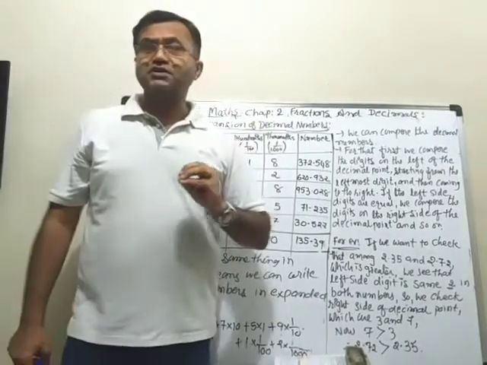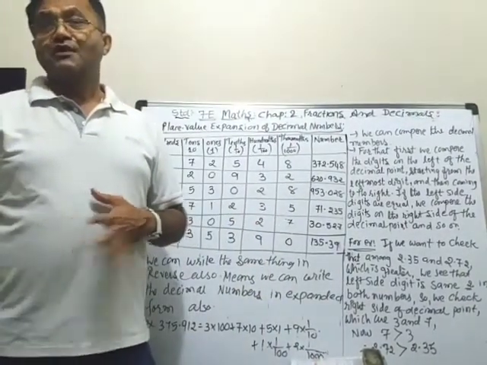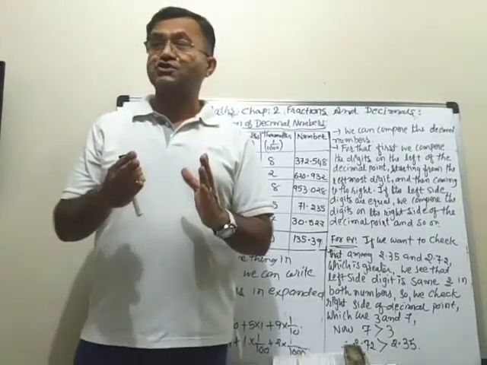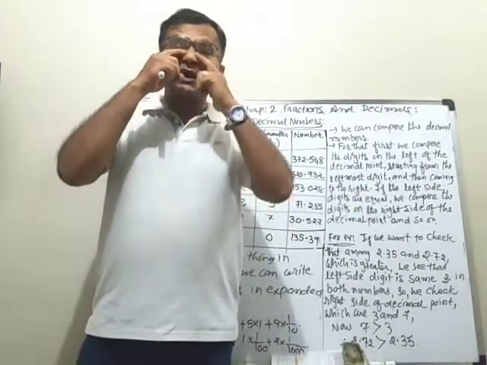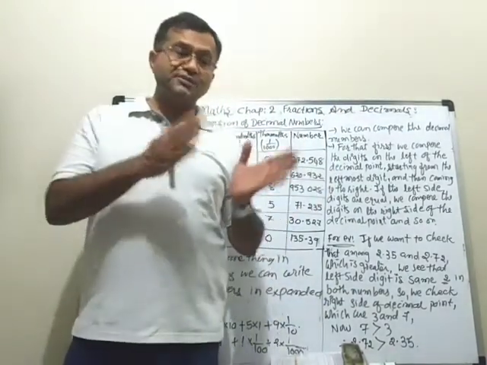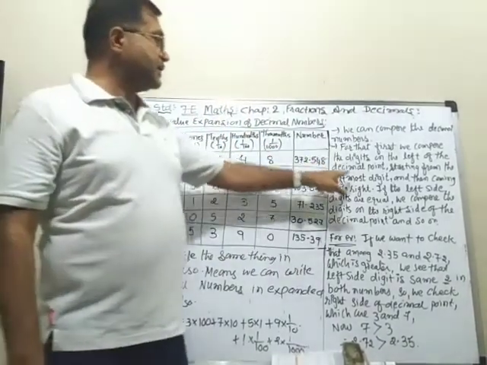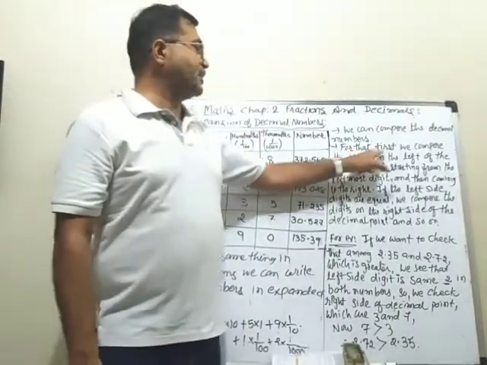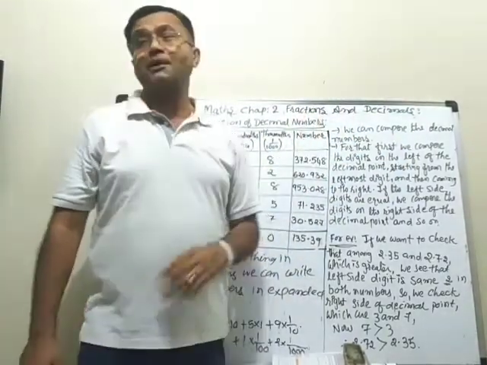Now, what when we have to compare the decimal numbers? We know how to compare the numbers without decimal, in which we start from the leftmost number, and if the number of digits are not equal, we have to do that. But here you can see that first we compare the digits on the left of the decimal point.